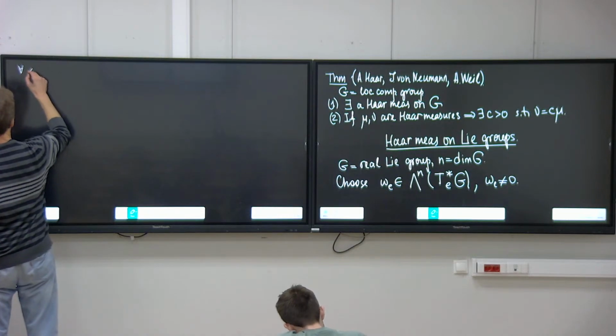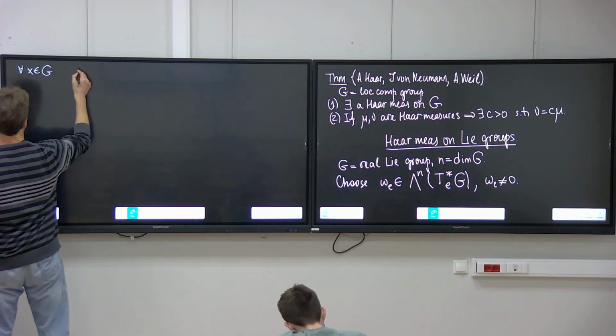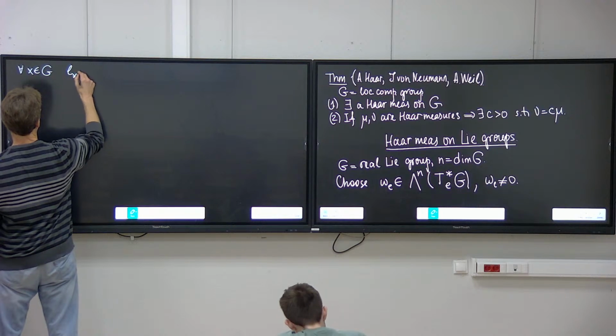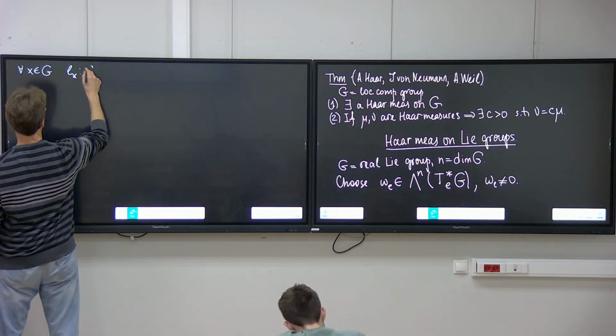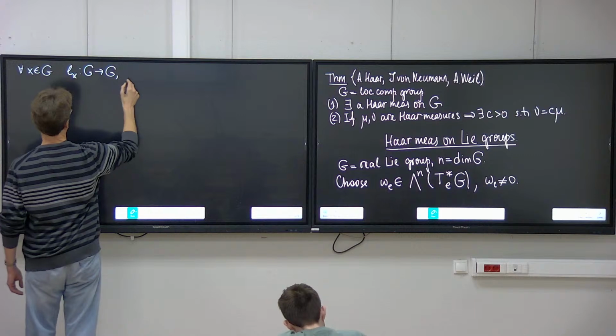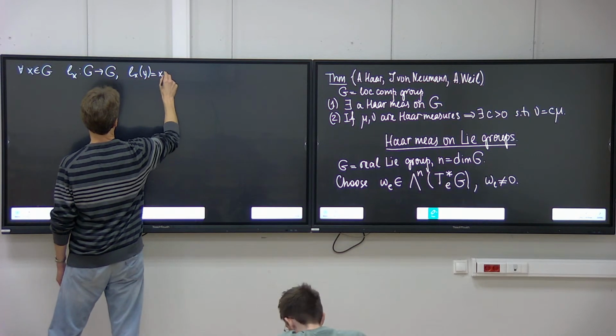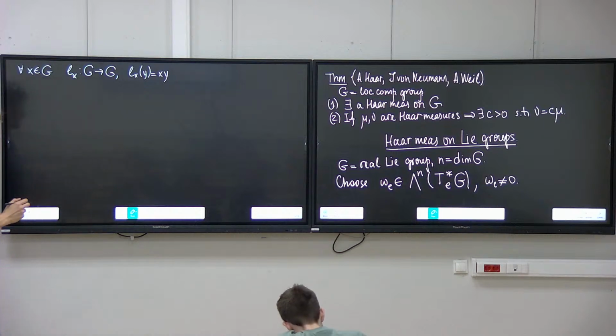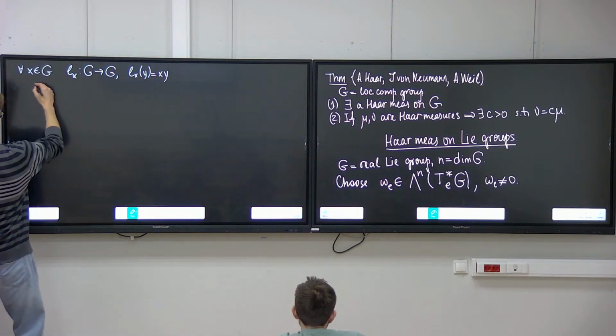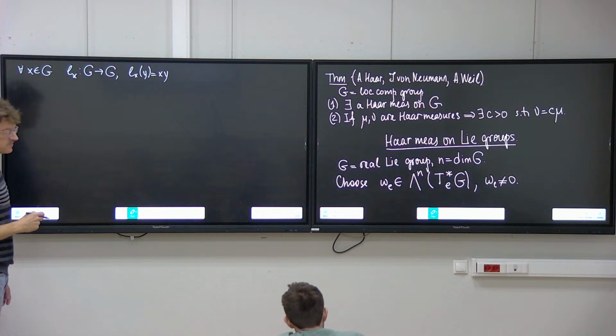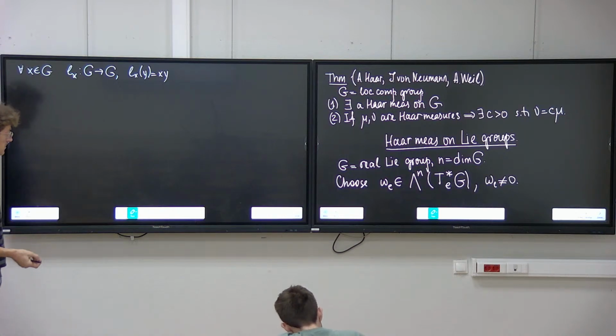Let's, for every point x in our group, consider the left multiplication map Lx, which acts as follows. By using this map, we can identify the tangent space at the identity and the tangent space at an arbitrary point x.